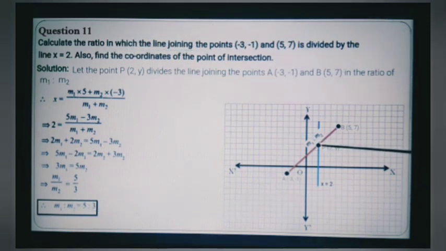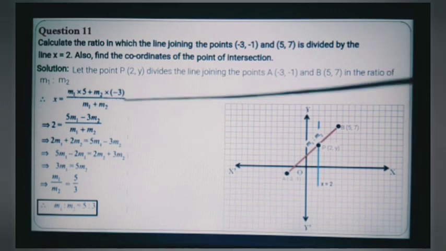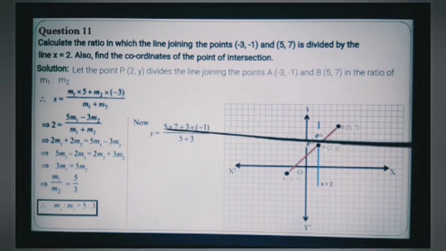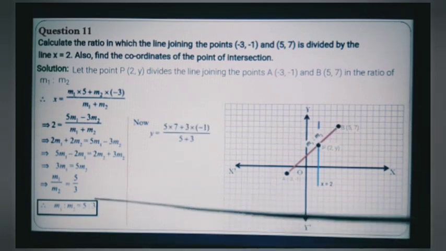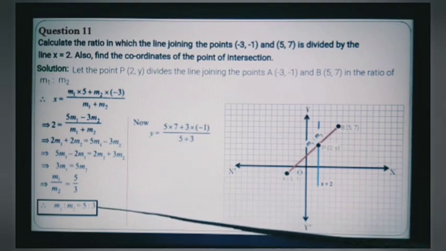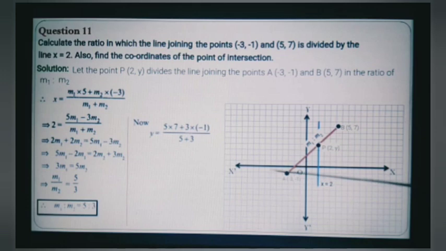Now we'll find the coordinate of this. That means we already know the value of x, so we'll find the value of y. So we have made use of only one formula. The other formula is this one. So y equals m1 y2, so m1 is 5, y2 is 7, plus m2 is 3, into y1 is minus 1, divided by m1 plus m2.